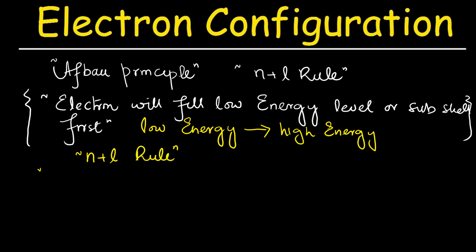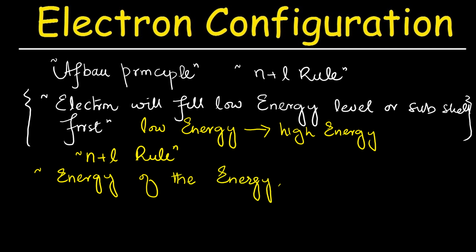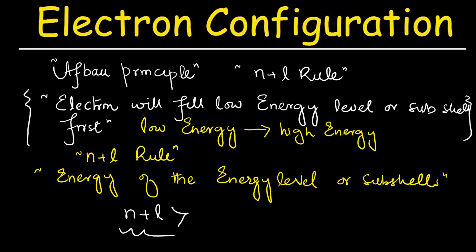The N plus L rule tells us about the energy of the energy levels or subshells. If the N plus L value is high, this means the energy of the subshell is high.